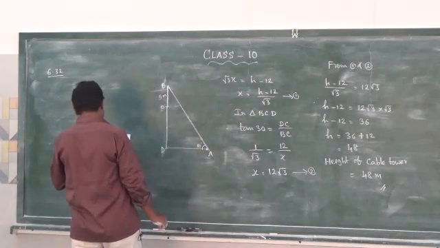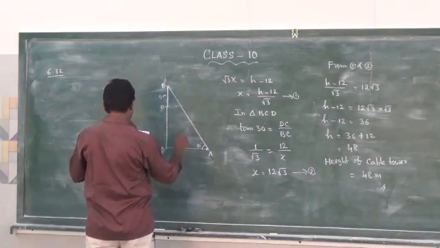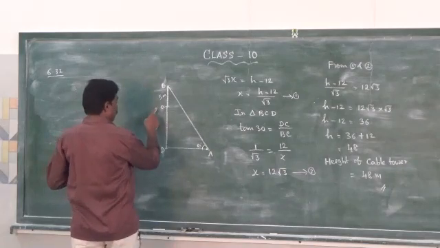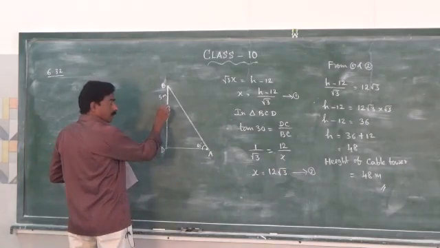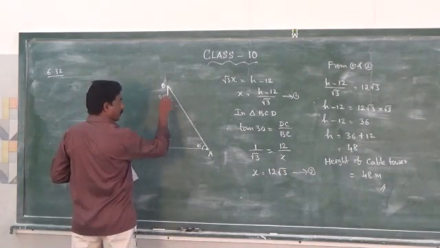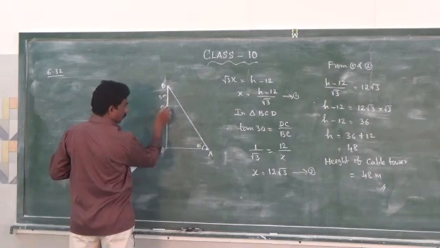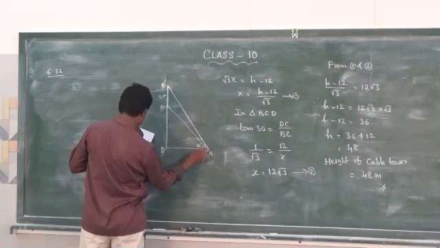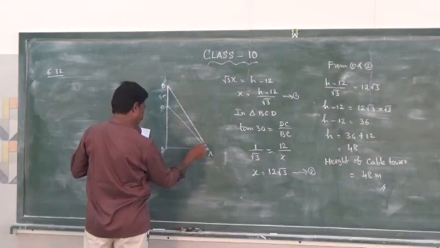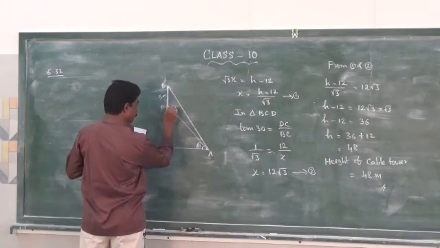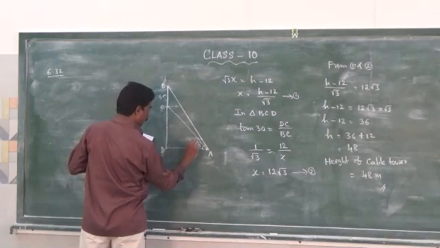And the angle of depression to the point from the top of the tower. Top of the tower is C. The pole is erected on the top of the tower. So from here, the angle of depression is 45 degree. So this is 45.